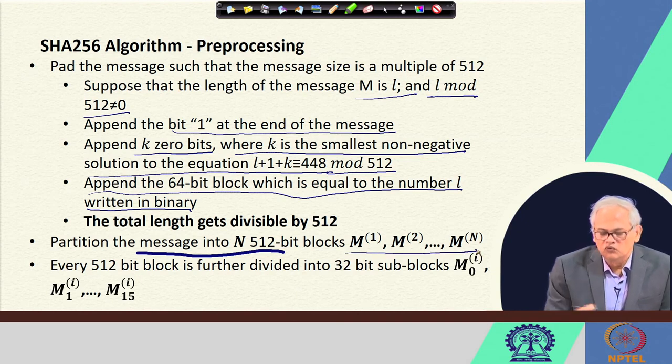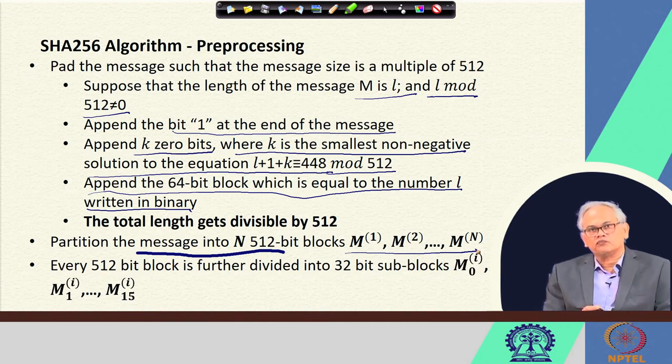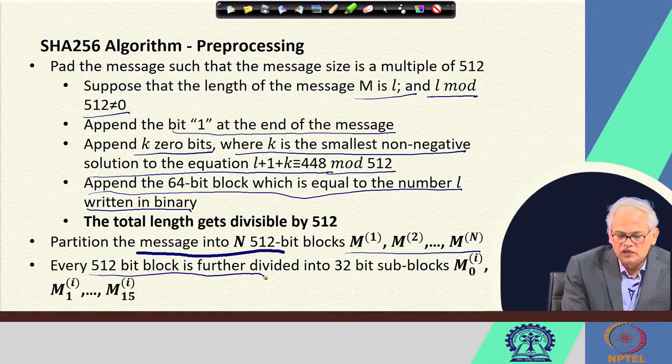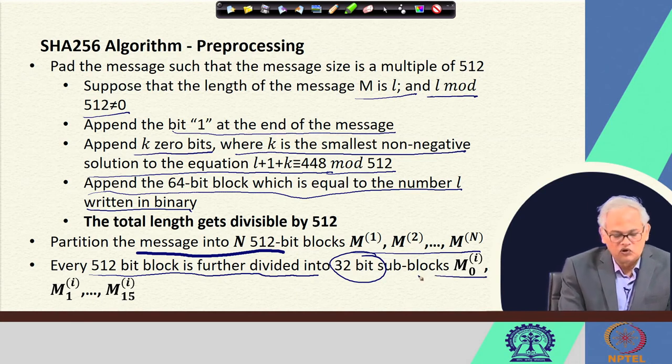So, in general we can have up to n such 512 bit blocks, and each such 512 bit block is further divided into 32 bit sub blocks, and we call them Mi0 up to Mi15.